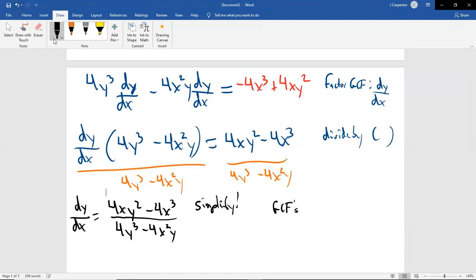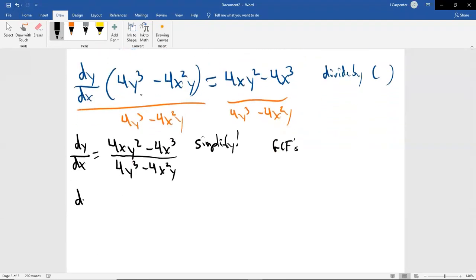Let's do GCFs first. So we get dy over dx equals. There's a GCF of 4x in the top. Open a parentheses. You'll be left with y squared from the first term minus, and then an x squared from the second one, not a single one.